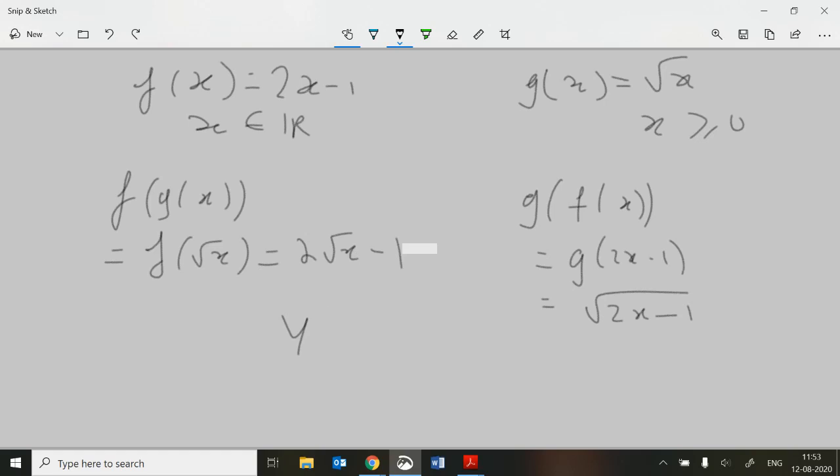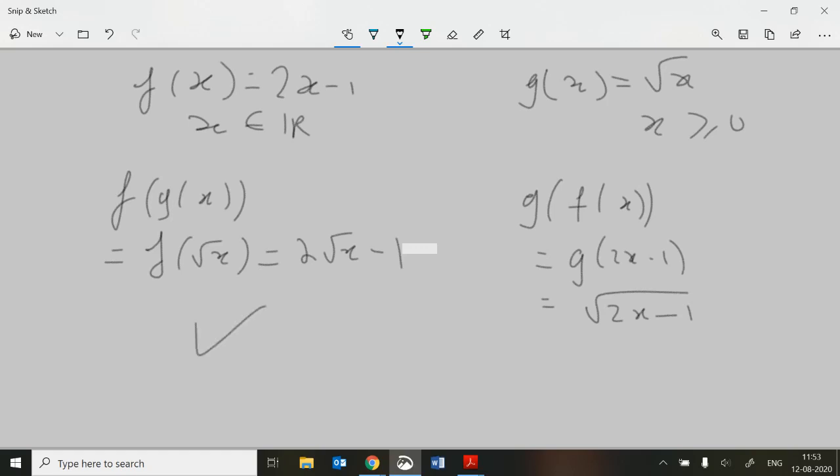But this is well defined. It's well defined because the original domain which we put in ends up giving us a range for g of x which is an okay domain for f of x. It's a restricted domain, but it's okay. It works. So this is good.